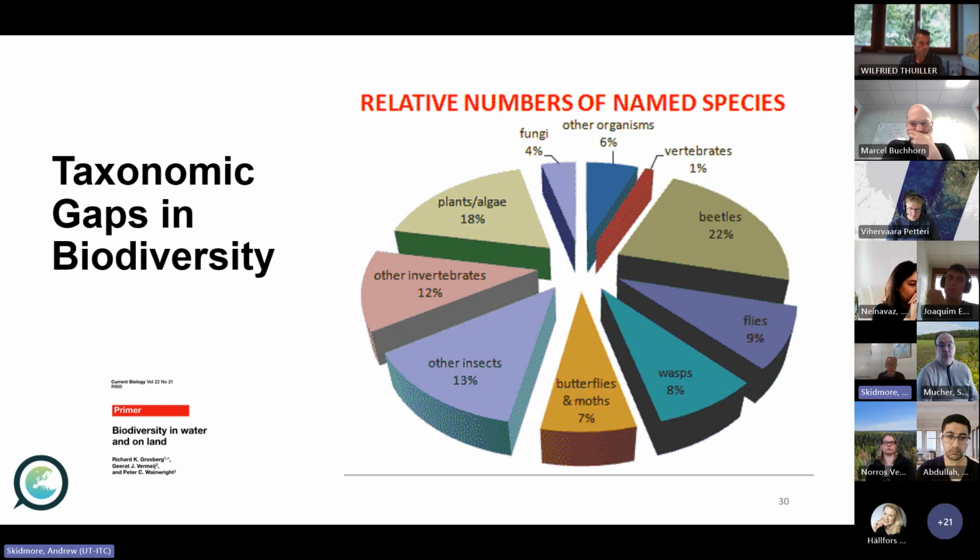Now, if we go and look into this in a little bit more detail, we see, first of all, we need the remote sensing because there's a lot of taxonomic gaps in the biodiversity. So generally, the biodiversity that we've named so far, named species, the ones we can see, right? So we know that about 1.5 million species have been described formally in scientific literature.